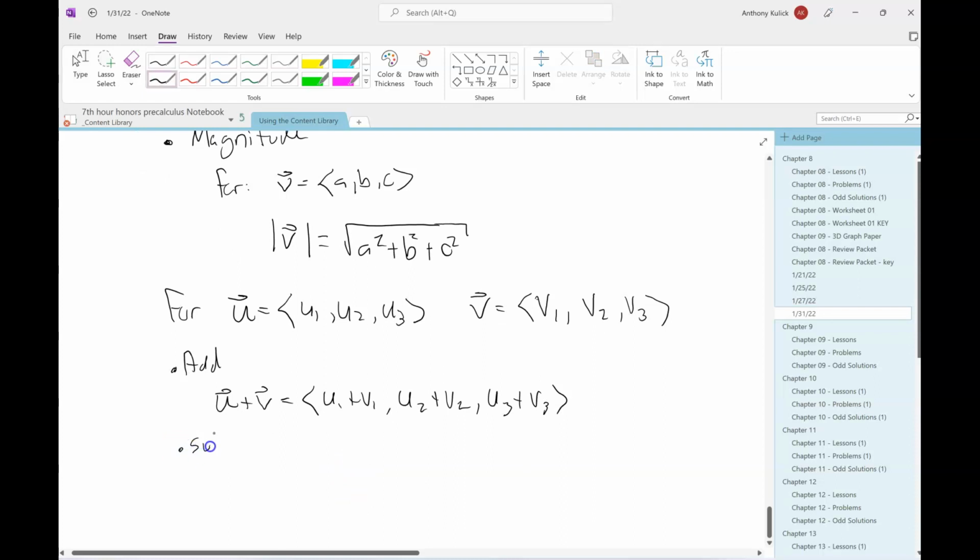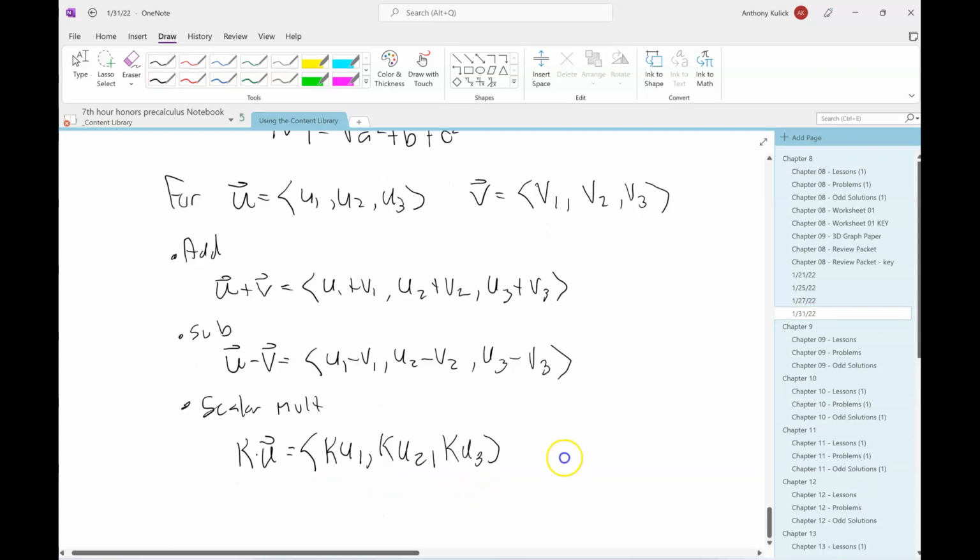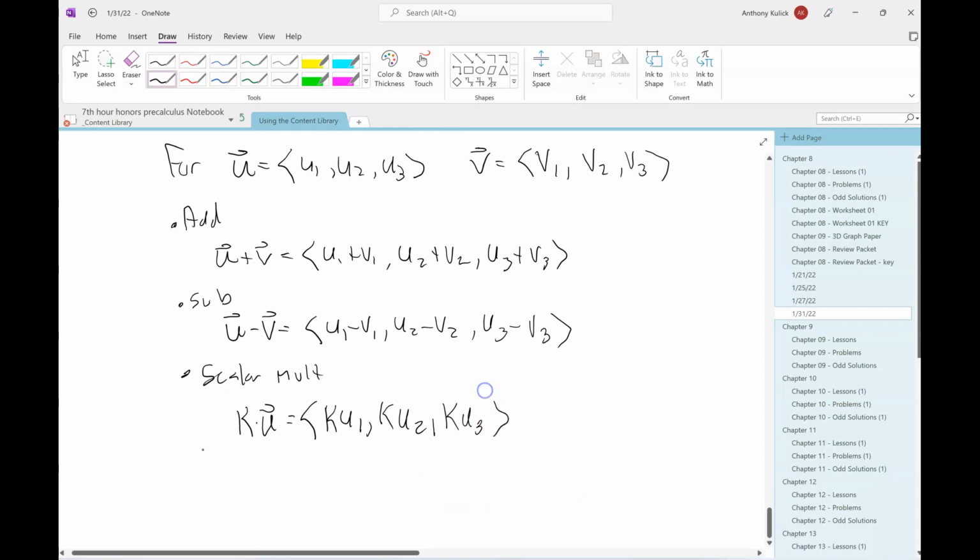Oh my gosh. Subtraction, guess what? Again, same thing. Scalar multiplication, guess what? Again, same thing. Oh my goodness, Mr. Kulik, does this just stay so easy? Well, so far.